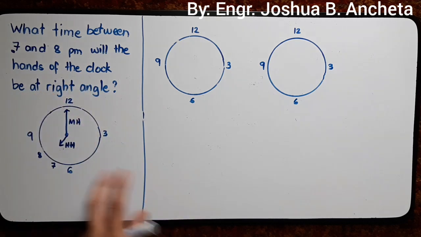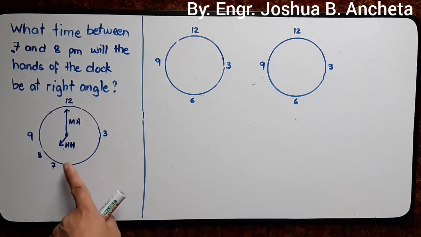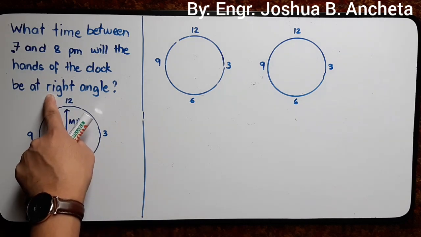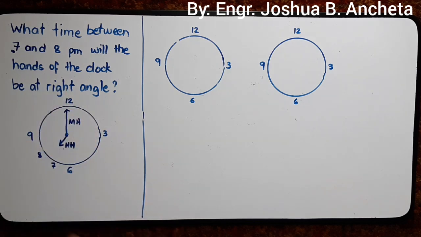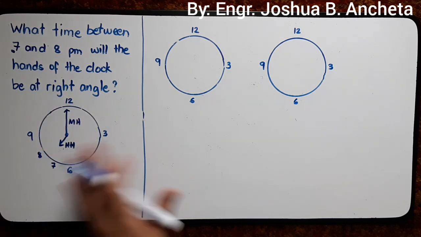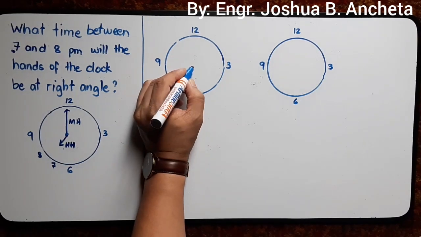In this case, there are two possible scenarios wherein we can get right angle between the minute hand and the hour hand. The first scenario is here.